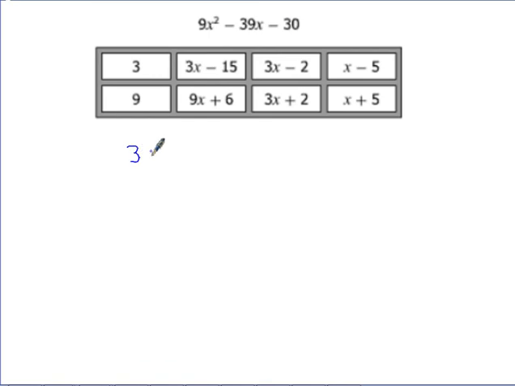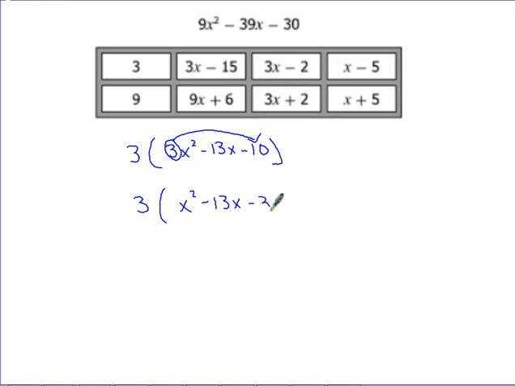So I'm going to factor out a 3, and I would be left with 3x squared minus 13x minus 10. Now I'm going to factor this inside further. The first thing I'm going to do is slide the 3 down. So I still have my 3 outside, and I have x squared minus 13x minus 30, because 3 times 10 is 30.